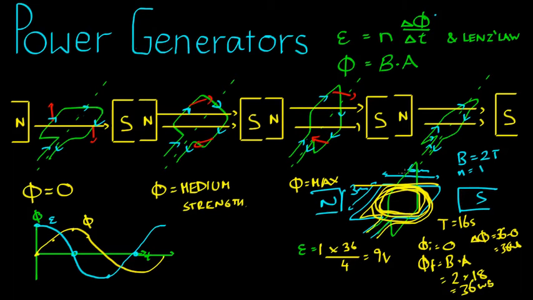So the number of times we'd run that wire around, for each time we run it around, we create an effective new loop. And we can multiply out the front of this term, the n term, which can really increase the voltage.